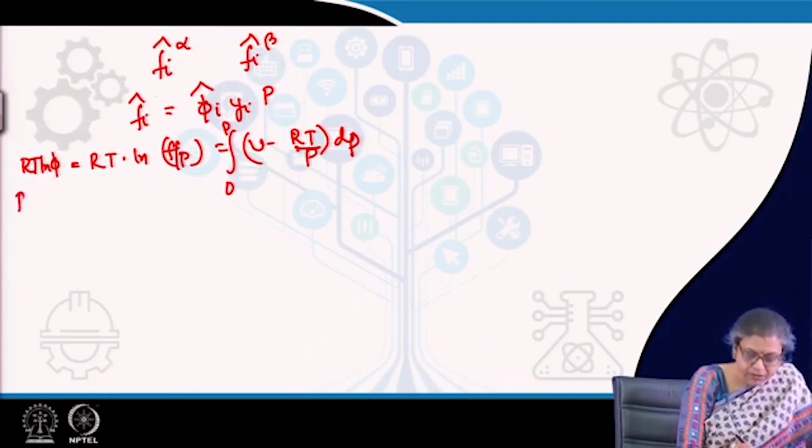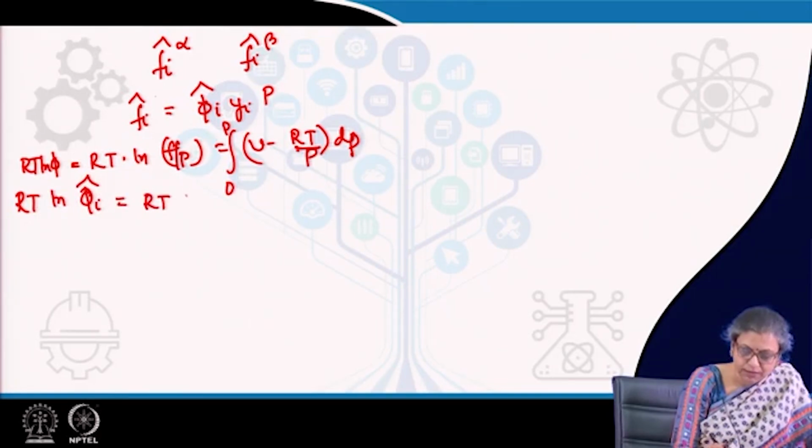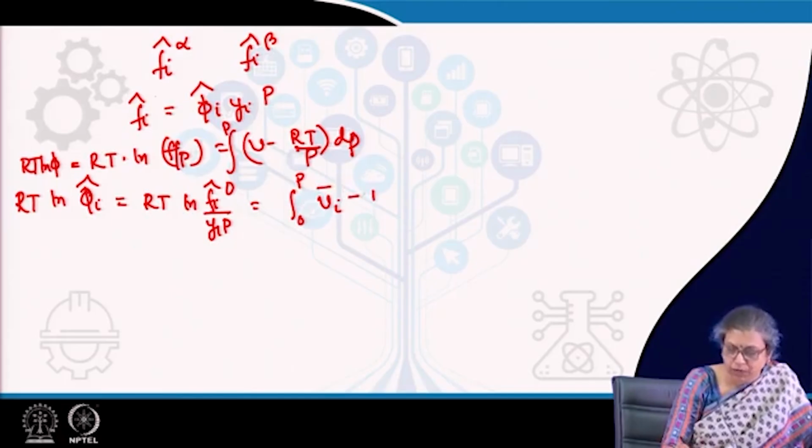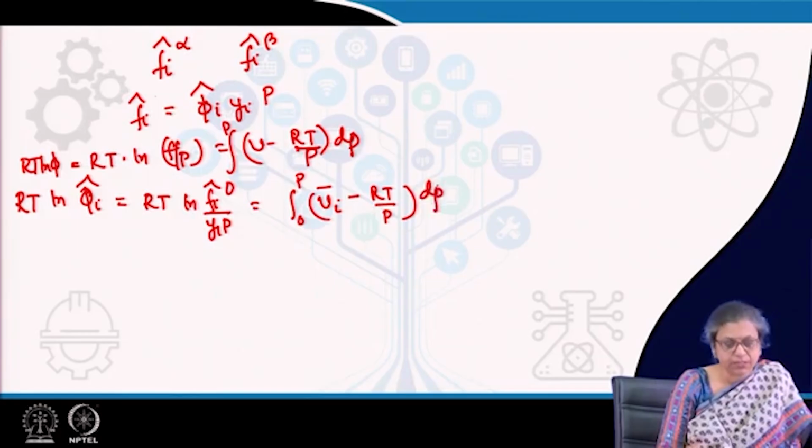For a mixture, it becomes RT ln phi_i bar, which equals RT ln f_i by y_i P, whichever way you write it. This is equal to the integral from 0 to P. In this particular case, this becomes the partial molar volume, and so this becomes the equation.